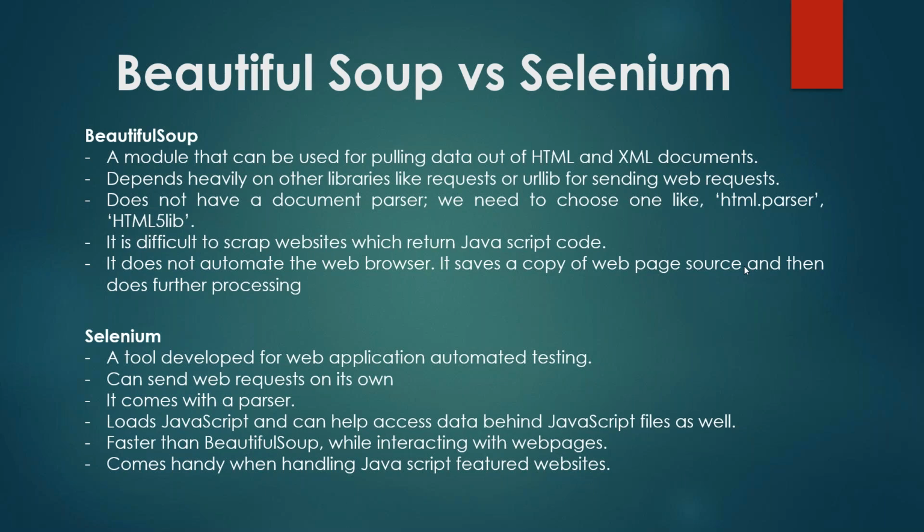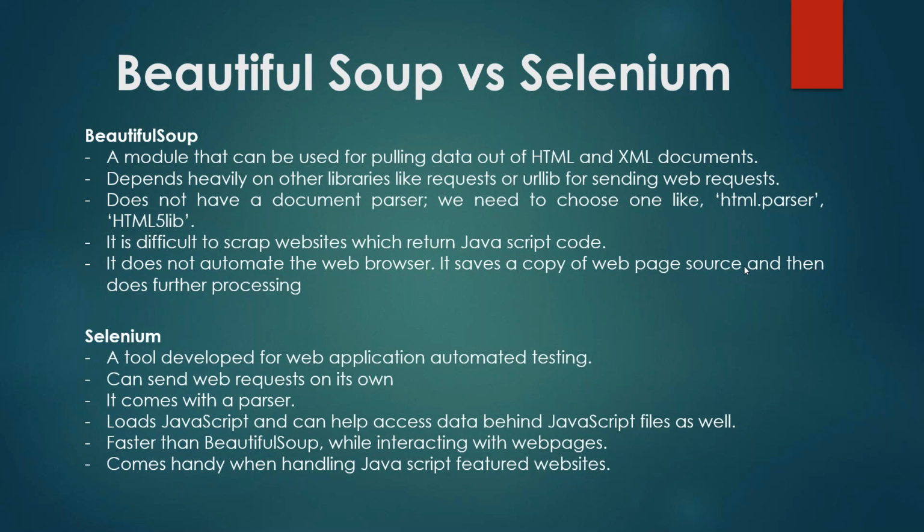Perfect. So urllib is a library which is used to fetch different URLs or links. Beautiful Soup does not have a document parser.